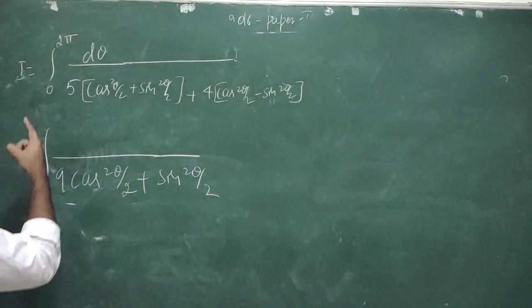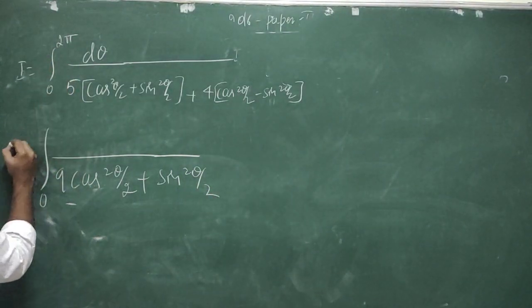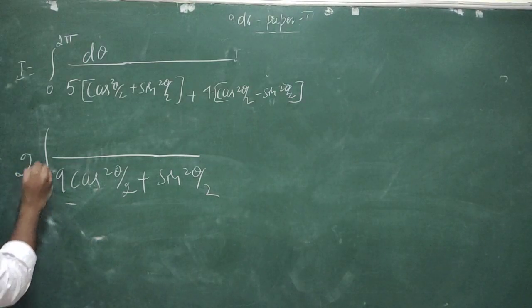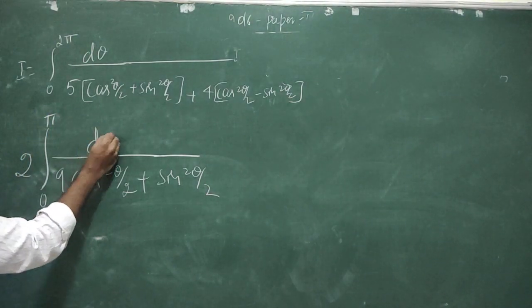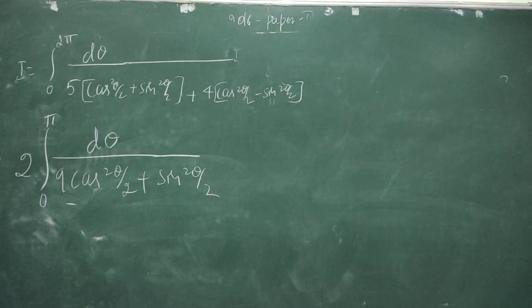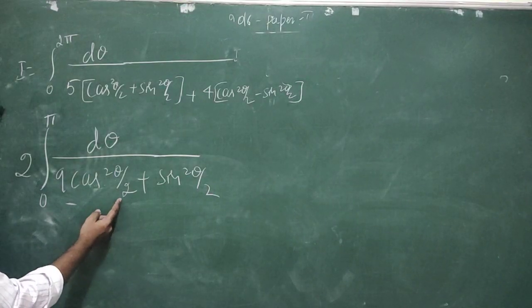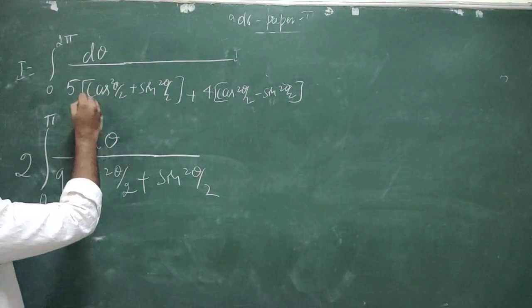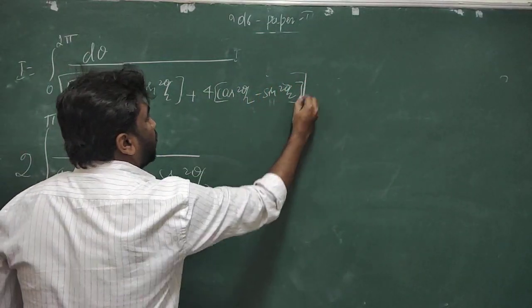The limit 0 to 2 pi can be written as 2 into 0 to pi. There is a whole square here.